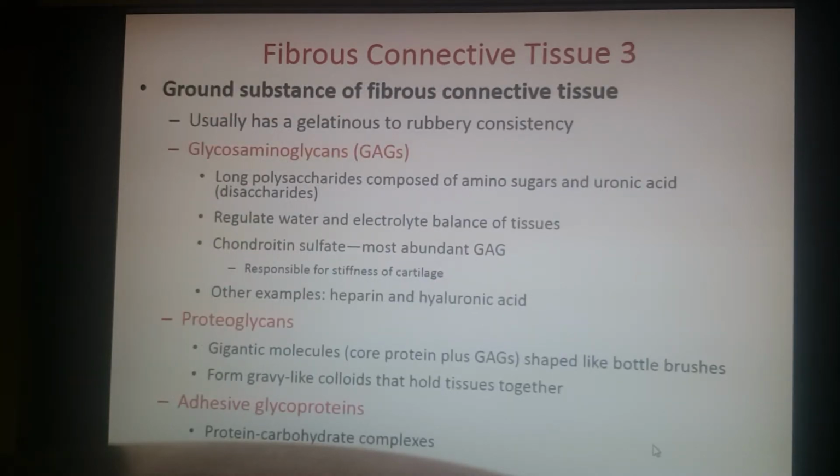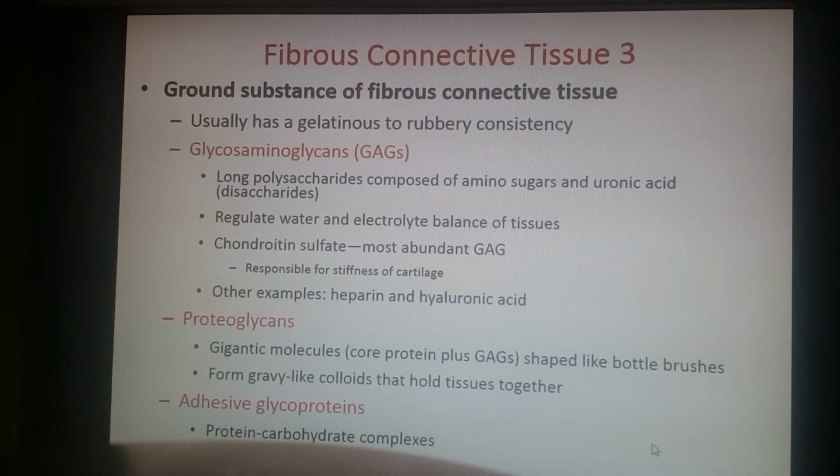Okay, the last thing about our fibrous connective tissue is the ground substance. The ground substance fills in the spaces between the fibers that make up the matrix, as well as between the cells that make up that connective tissue.